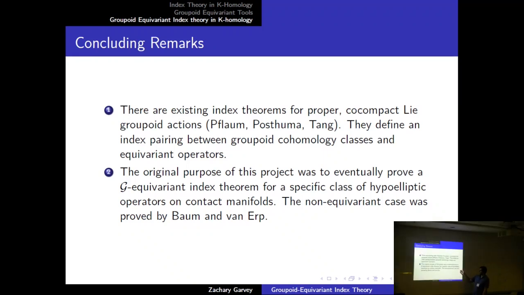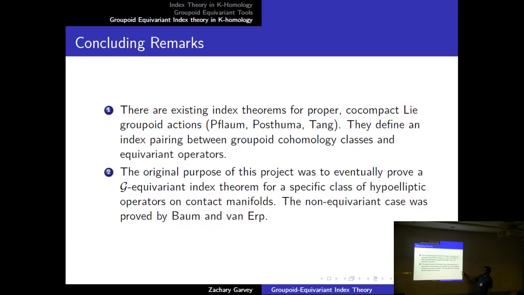And what they do to prove this theorem is they actually factor the Baum-Douglas triangle for these non-commutative symbols, these hypoelliptic symbols, through the elliptic triangle. So I wanted an elliptic triangle so that I could try to generalize this problem. So that was my original motivation for looking at the triangle rather than just the formula.